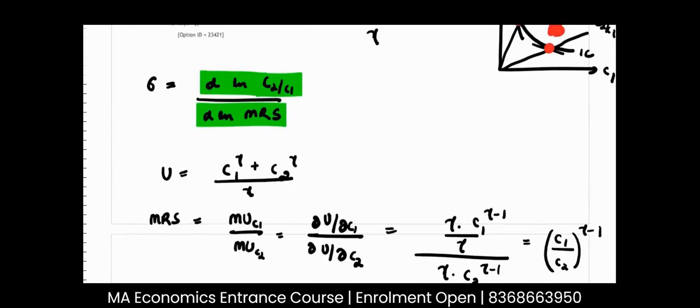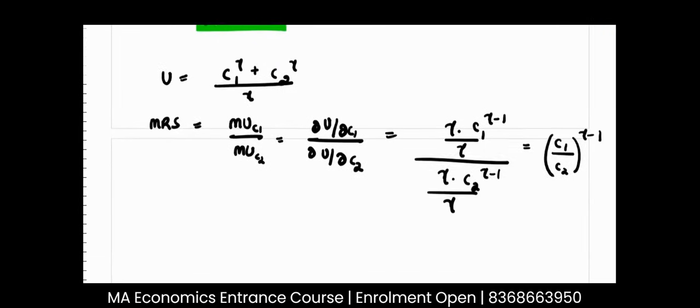Now, just one thing here. In the numerator, I have C2 by C1, but MRS is coming as a ratio of C1 by C2. But we know if I have X by Y and I want to switch this, I can write that this is Y by X to the power minus 1. So I can multiply the power with negative 1 and switch what comes inside.